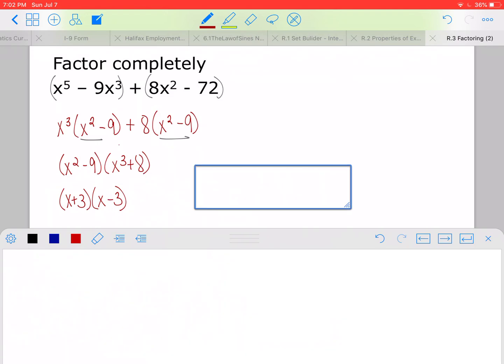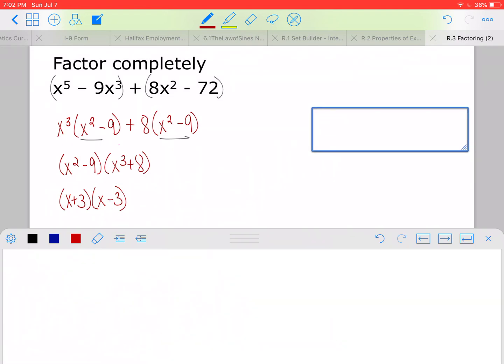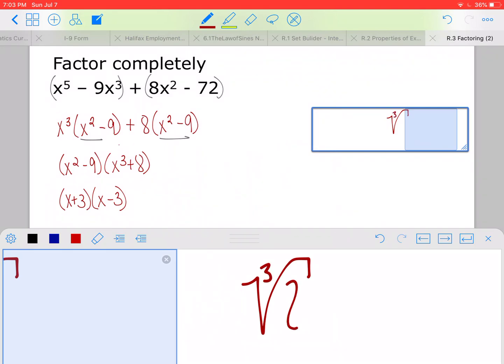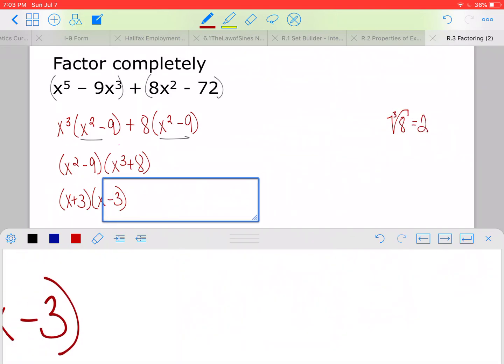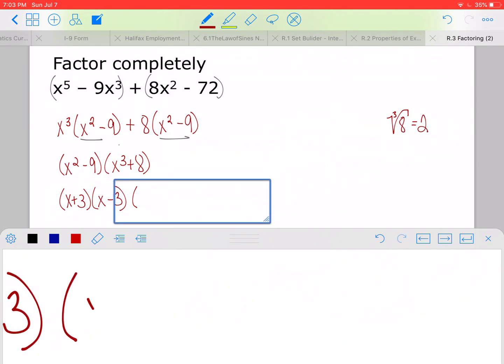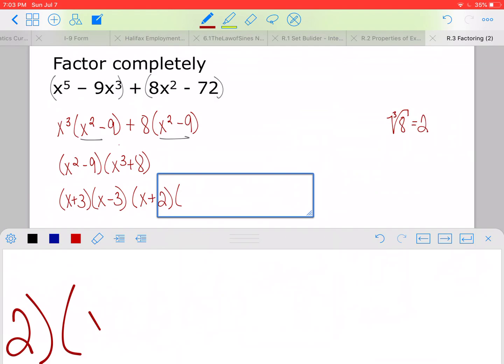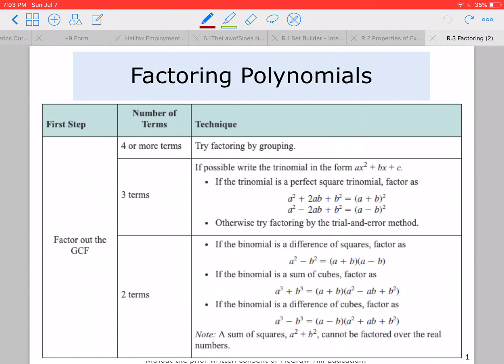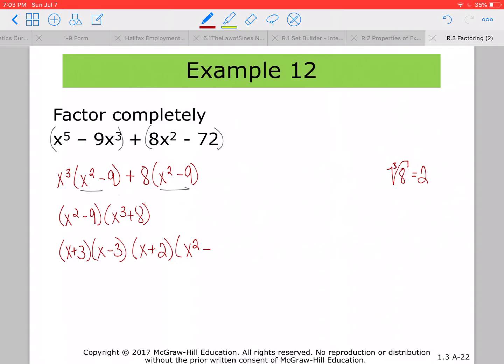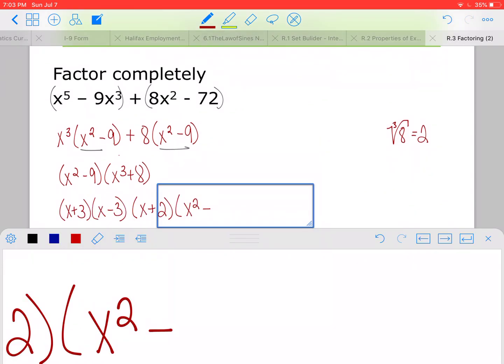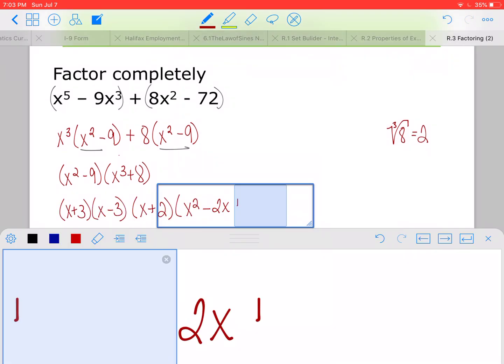Since the cube root of 8 is 2, and the cube root of x cubed is x, we can say x plus 2 times x squared minus, notice here, if we've got a plus here, then we've got to put a minus over there, so minus x times 2, or 2x, plus our cube root of 8 squared, which was 2.